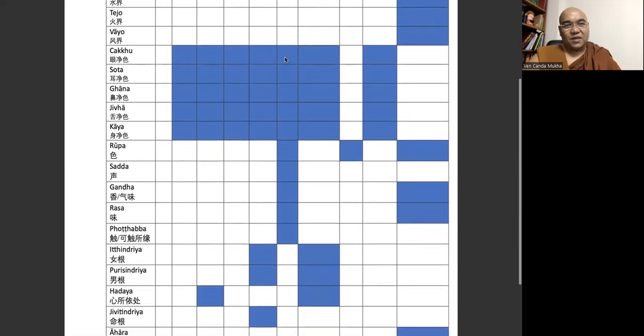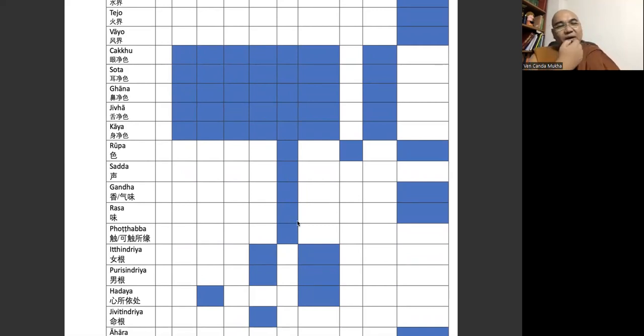Starting from the Jakku up to the Potapa, so five pasada and the five gojara. Even though we said Potapa is a combination of Pathavi, Tejo, Vayo, these two groups of rupa altogether you can count 10 rupa.